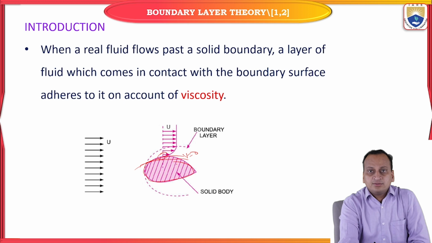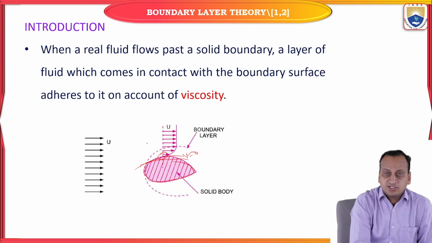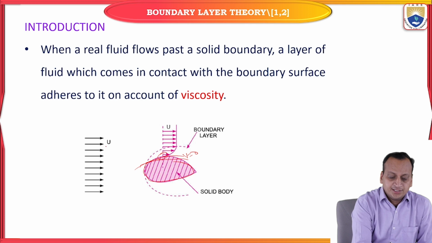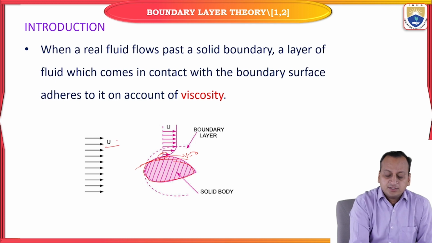Gradually it varies from zero to the free stream velocity. The mainstream velocity, or free stream velocity, or potential velocity, is capital U. Initially the velocity is zero.